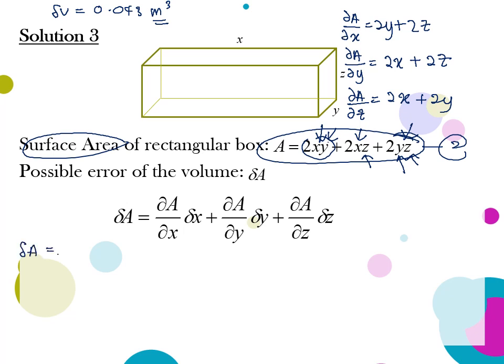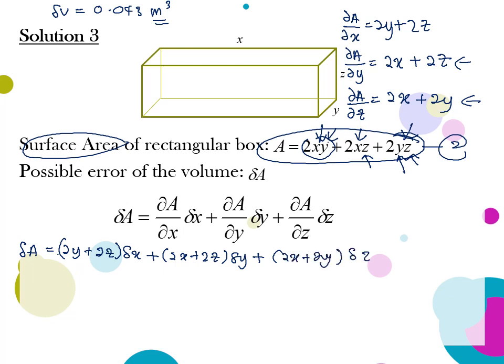Del A is equivalent to del A del x, so you have 2y plus 2z, which needs to be multiplied by delta x, plus del A del y, which is 2x plus 2z, multiplied with del y, plus del A del z, which is 2x plus 2y, multiplied by del z. So 2y, y is equivalent to 3, right?